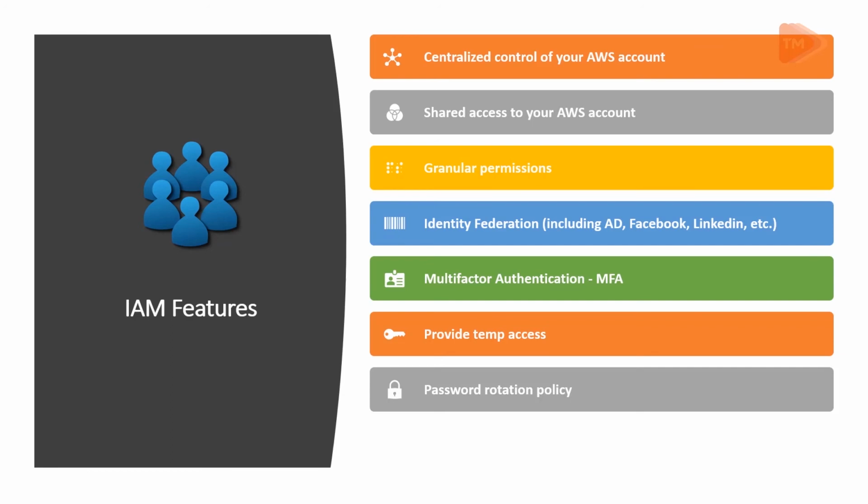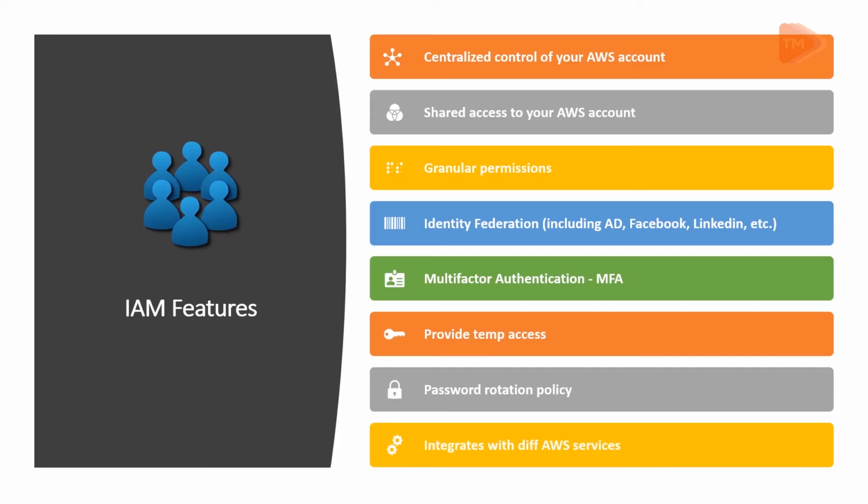Now the last feature that we will discuss here is the integration of this IAM service with the other AWS services. Now this is pretty straightforward as the name suggests.